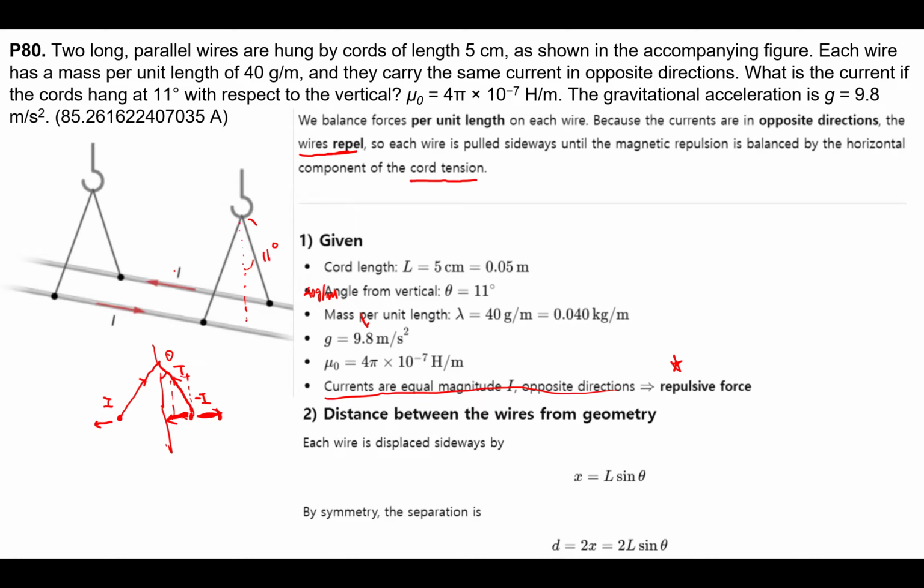Let's review once again the side view. This is the L, this is the L, and this is the x. x is given by L sine theta, and these two wires are separated by 2x, which is the distance between the two wires.